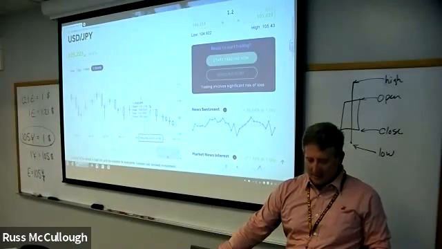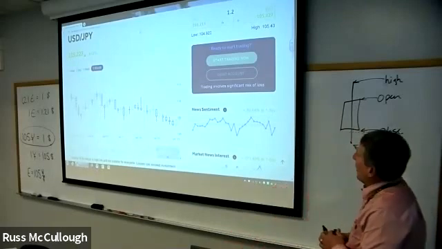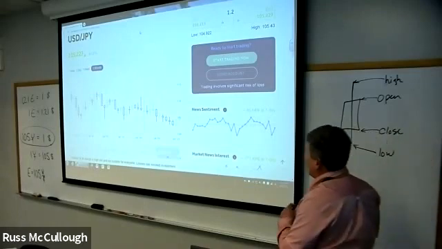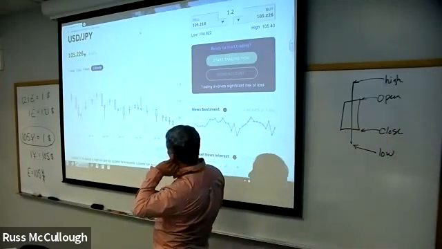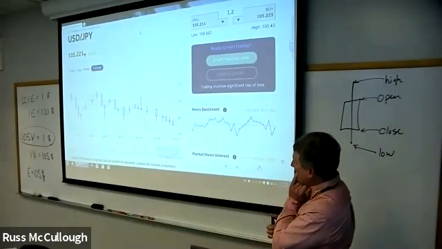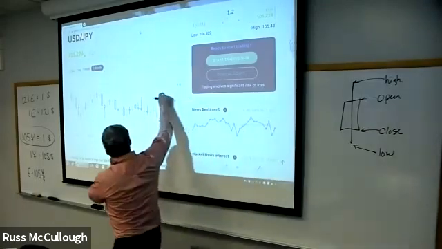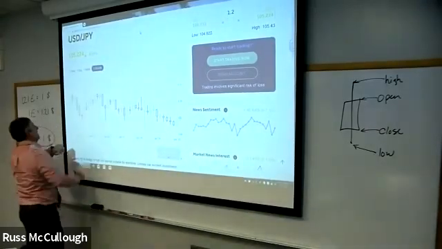Oh, this is a monthly analysis back to January of 18. So over time, has the dollar appreciated or depreciated against the yen? We were back in January of 18.